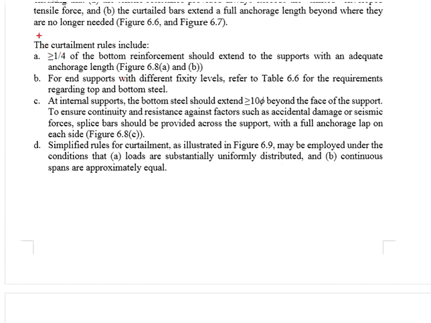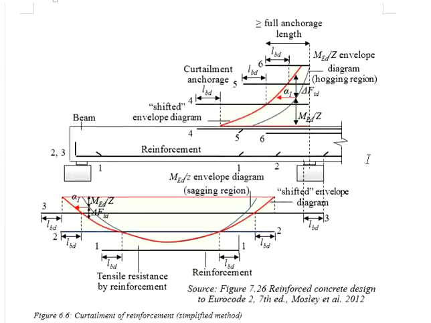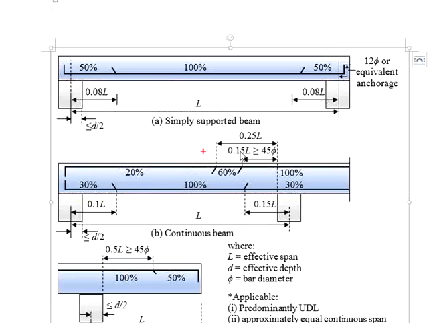Now, if we revise the curtailment rules while adopting the fundamental approach, we see the minimum requirements of at least 25% of the bottom steel bar to be extended to the support. What is provided in the simplified rules here is always greater than 25%, which is okay in this aspect.